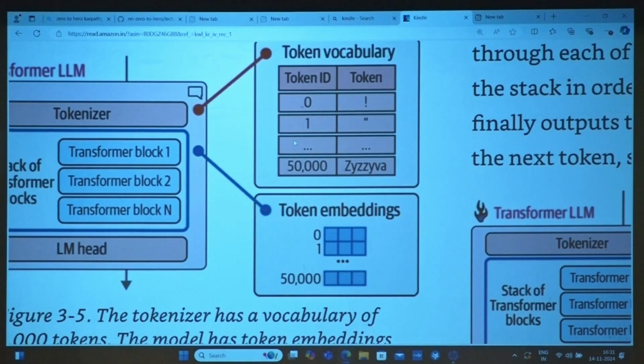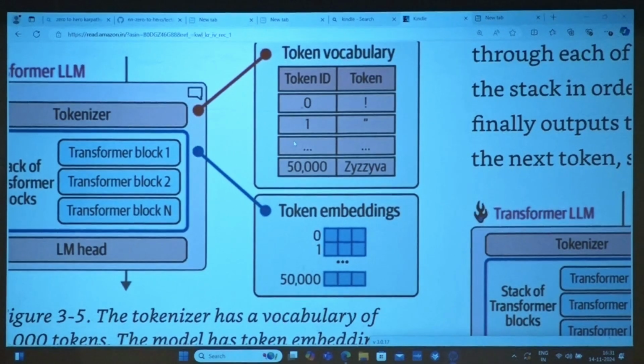If you see the tokenizer, let's spend a little time on the tokenizer and understand embedding. In this example, he is assuming a vocabulary of 50,000 words. That is, he is assuming a dictionary which consists of 50,000 words. That's just an example. I know the English dictionary is far bigger, but for us 50,000 is good enough. So first, what does a tokenizer do?